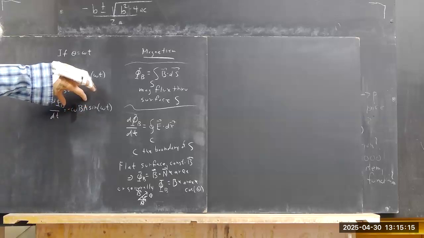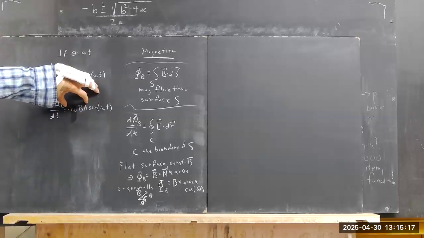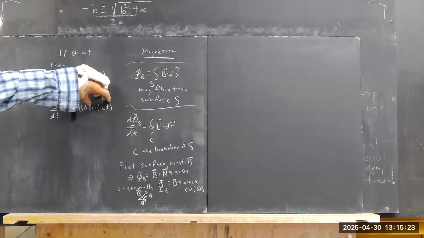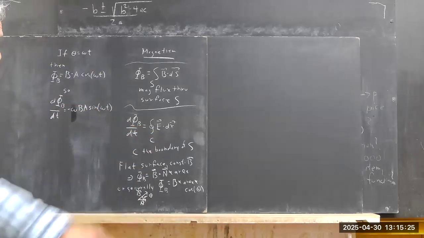This is just some constant, assuming omega is constant. And it's just a sine wave, so you get the sinusoidal thing.